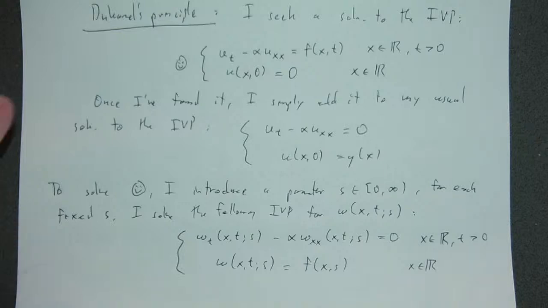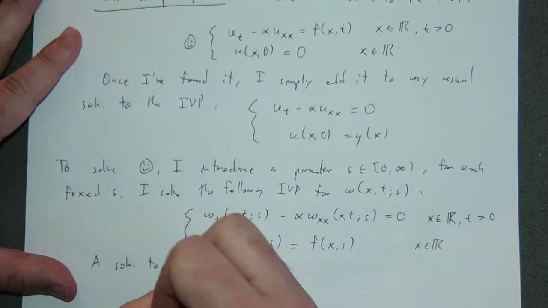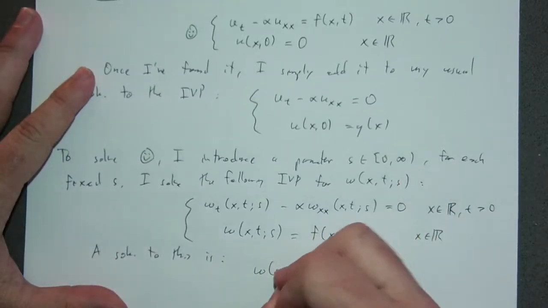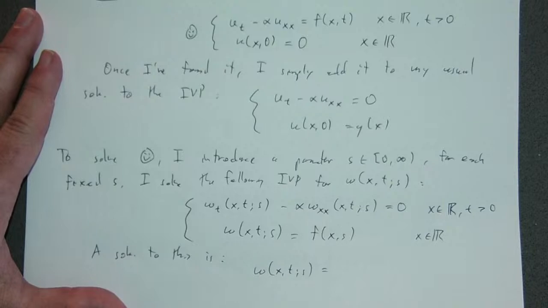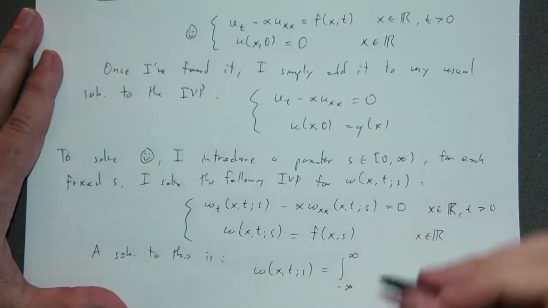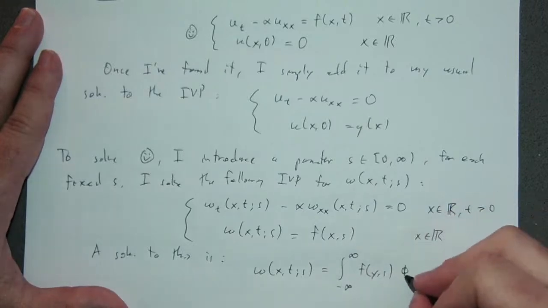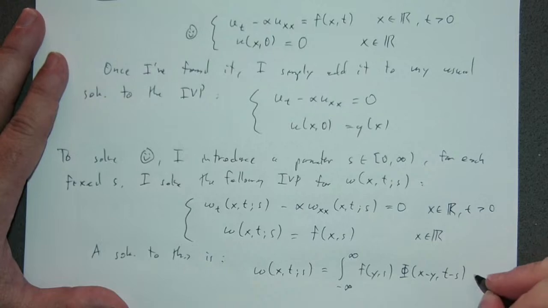Okay, and of course, a solution to this is given immediately by my usual convolution formula to be W of x, t, s is the initial data convoluted with the heat kernel, right? But now, how does this work? This is the integral from minus infinity to infinity of f of y, s times phi of x minus y, t minus s, dy.